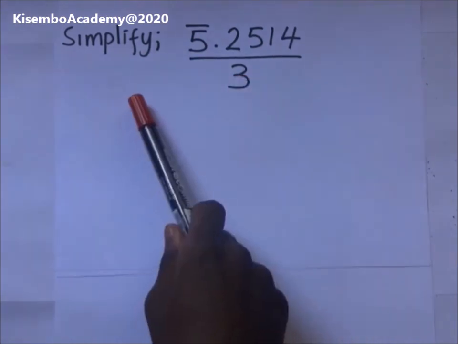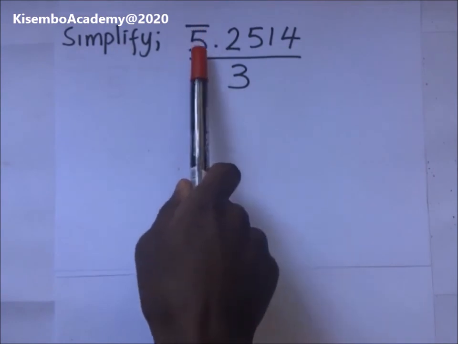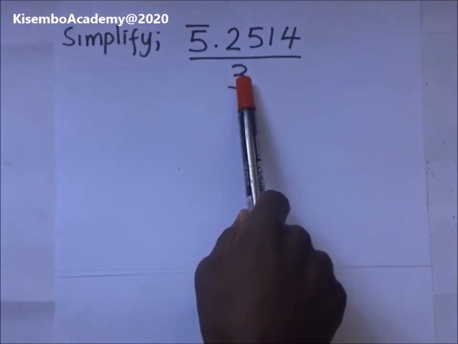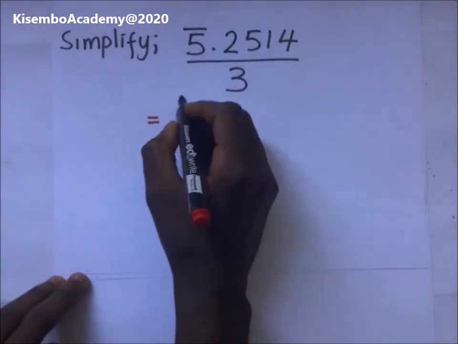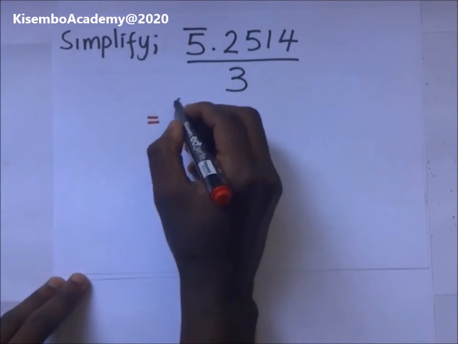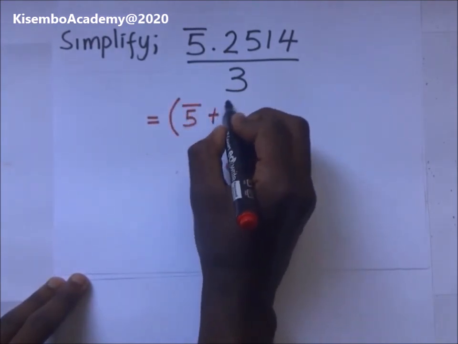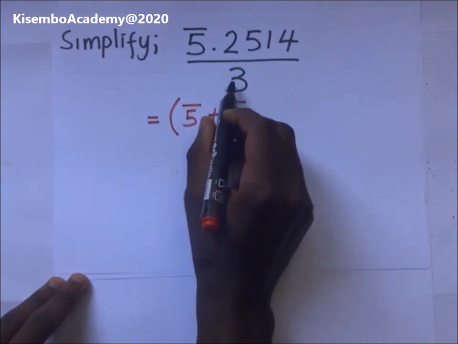So we are supposed to increase this negative characteristic to the next integer so that it is divisible by 3. So this is going to become 5 bar plus 1, because 5 plus 1 gives us 6, and 6 is divisible by 3.